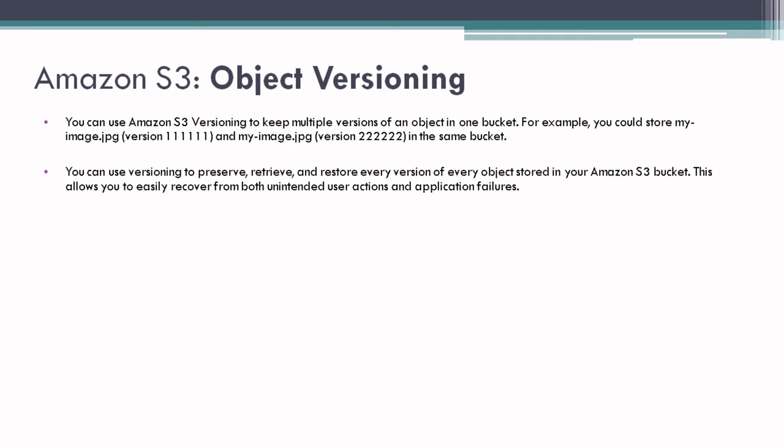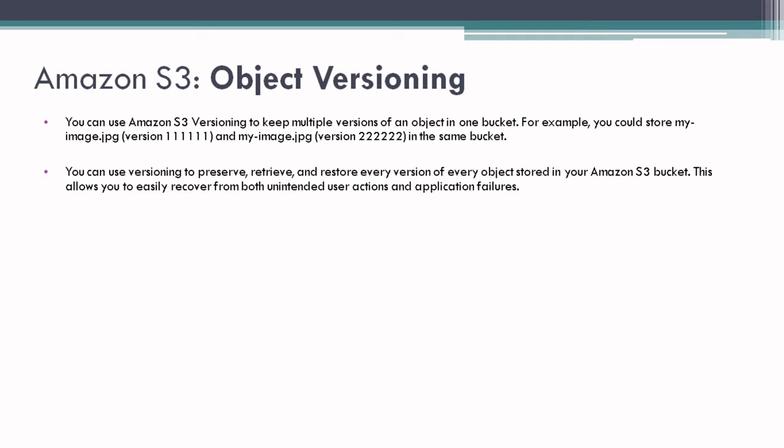You can use versioning to preserve, retrieve, and restore every version of every object stored in your Amazon S3 bucket. This allows you to easily recover from both unintended user actions and application failure. So these are the advantages of versioning.